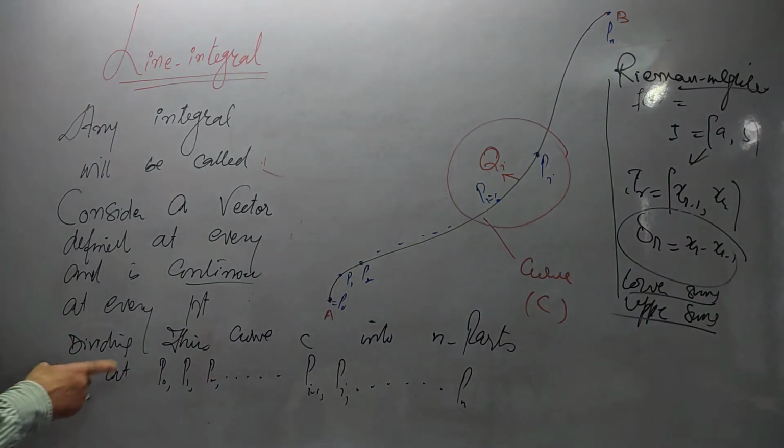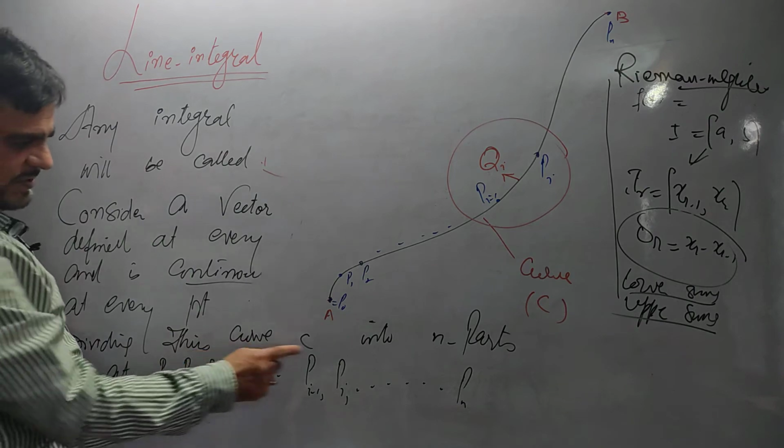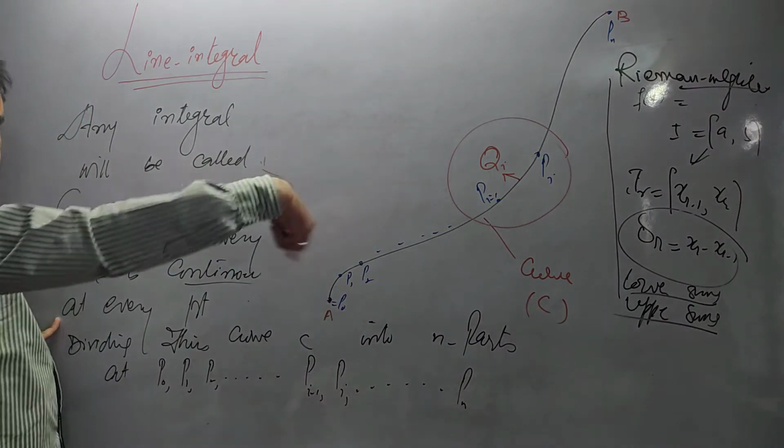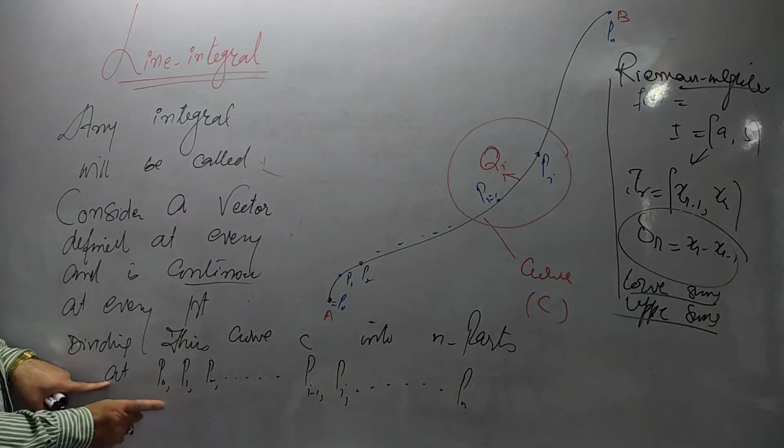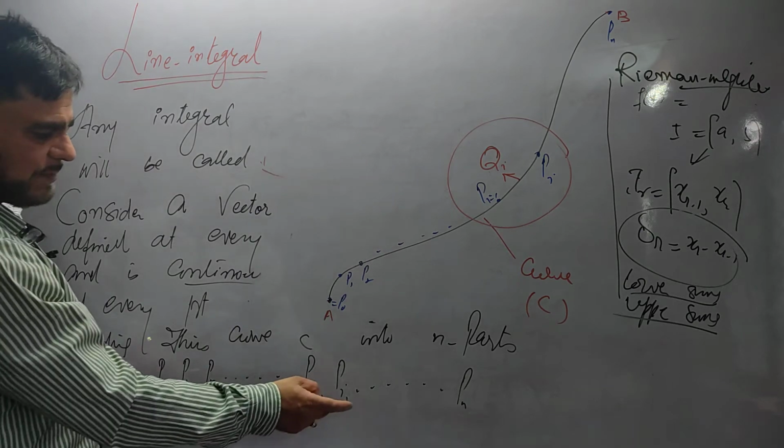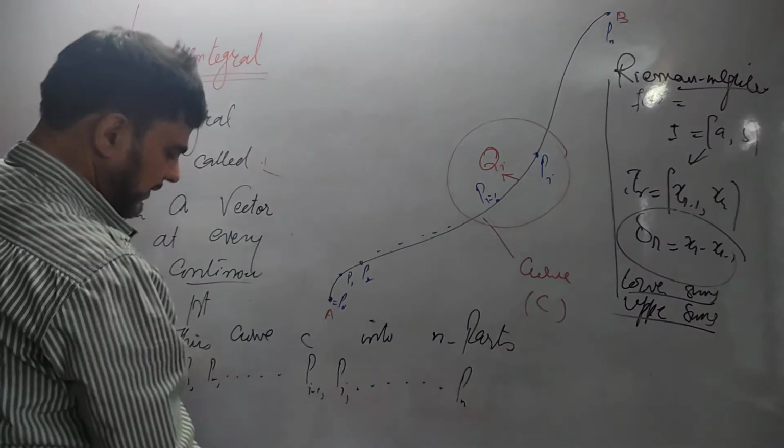So accordingly I write here, dividing this curve C into n parts at points P0, P1, P2, Pi minus 1, Pi, Pn.